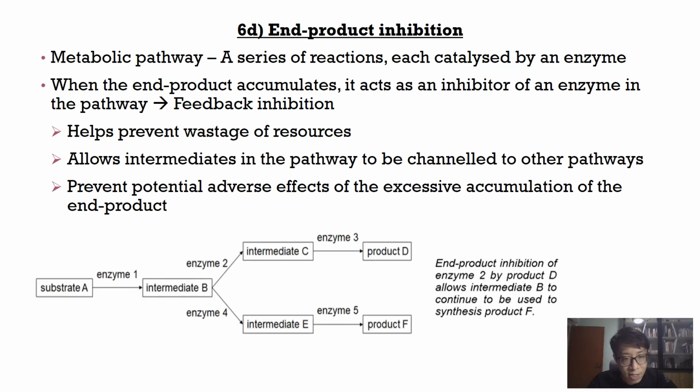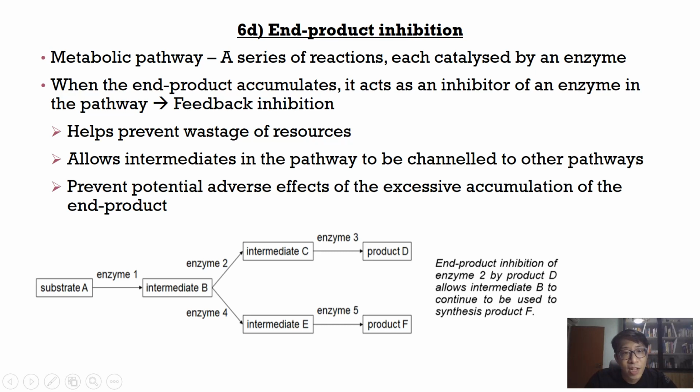An example is this pathway here that you have in the notes as well. When there is enough product D, it may be able to inhibit enzyme 2. So intermediate B, which continues to be produced by enzyme 1, can be channeled to another pathway to form product F. So having enough of product D, which stops its own synthesis, still allows for product F to be produced.